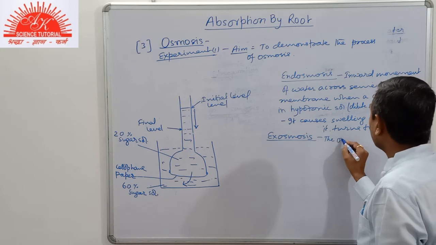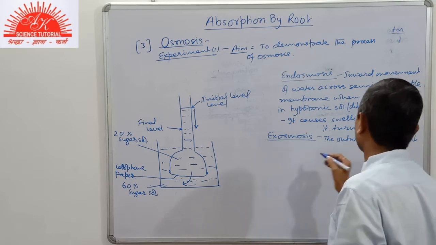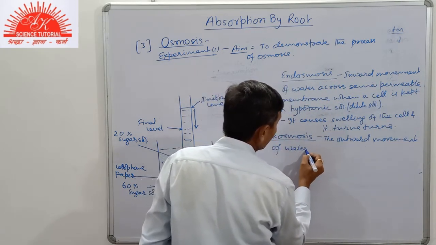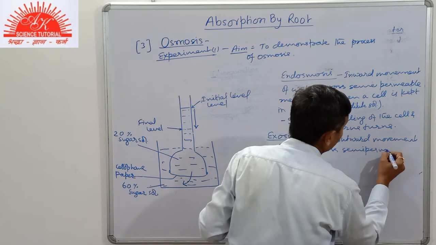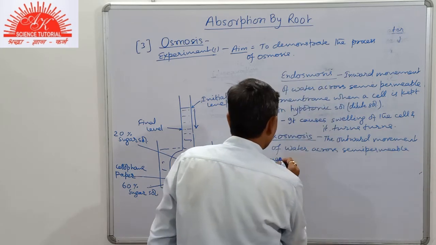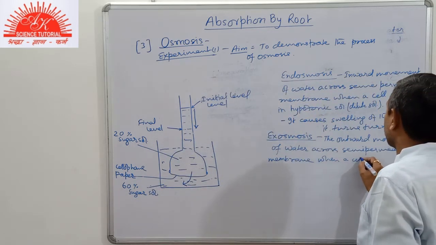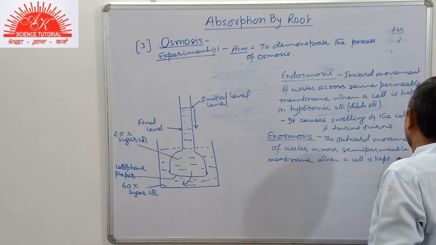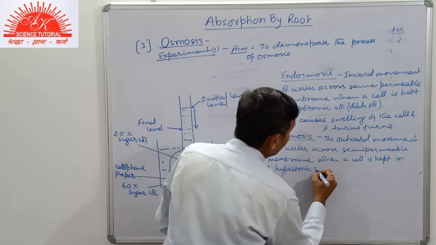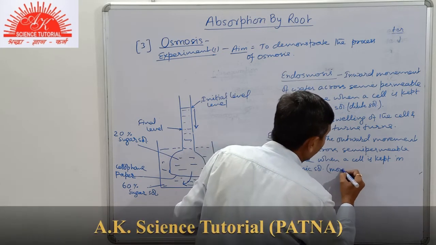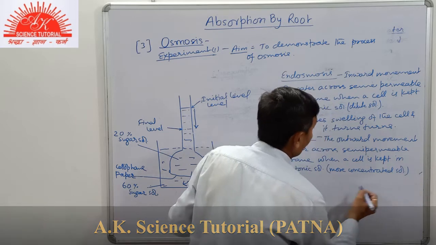So the outward movement of water across a semi-permeable membrane when a cell is kept in a hypertonic solution, means more concentrated solution.